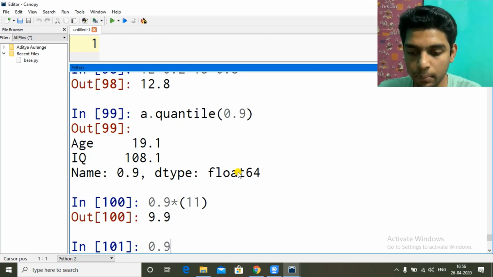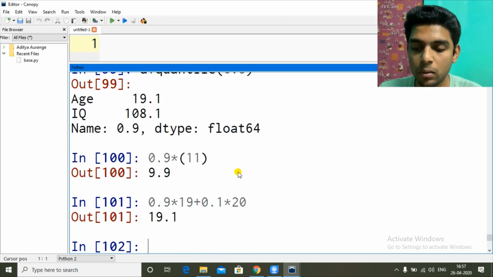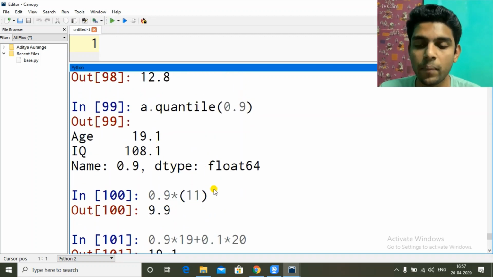So 90% of the ninth value and 10% of the 10th value. If I do this, I get 19.1. The same I am getting here. Okay. And this method also fails when I add one more decimal point.